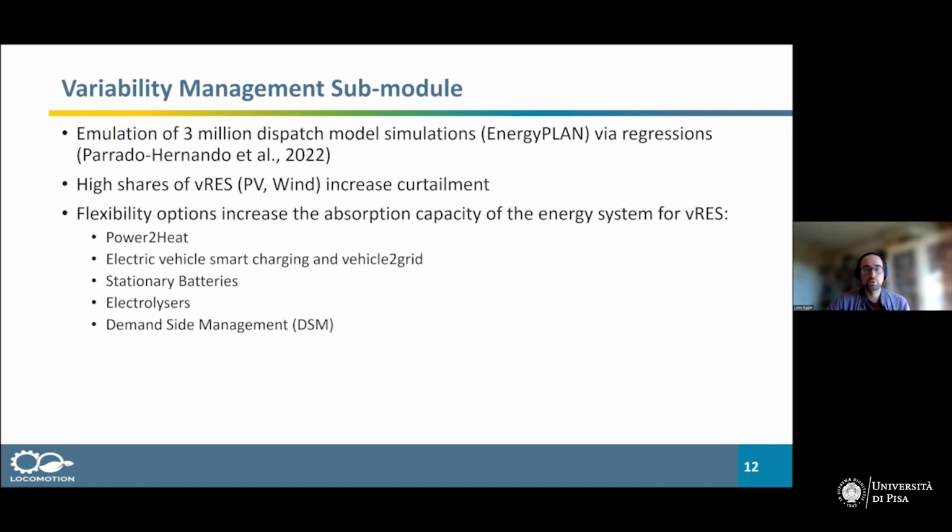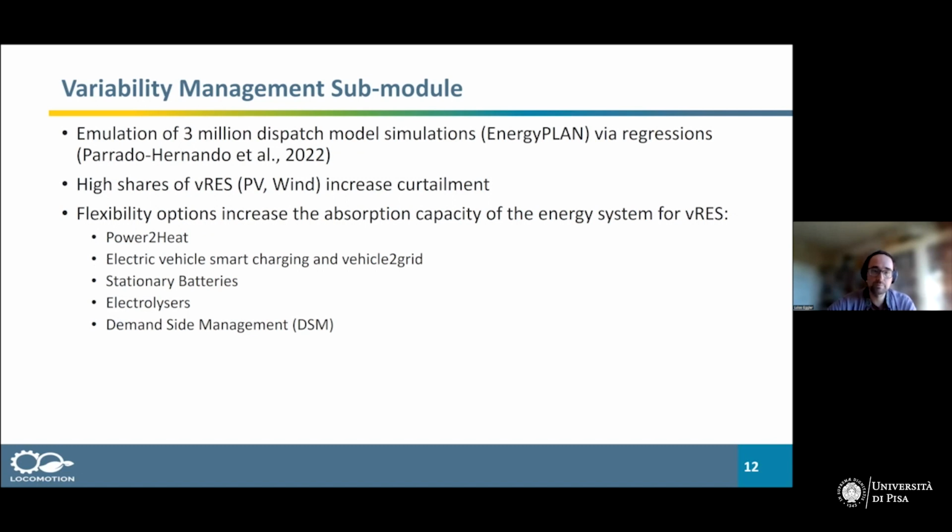And so we did more than 3 million dispatch model simulations with EnergyPLAN, and we created statistical correlations from the results, which we use to estimate the curtailment of wind and PV based on the current energy system setup in the model. So what we basically do is we emulate dispatch model effects in WILIAM.